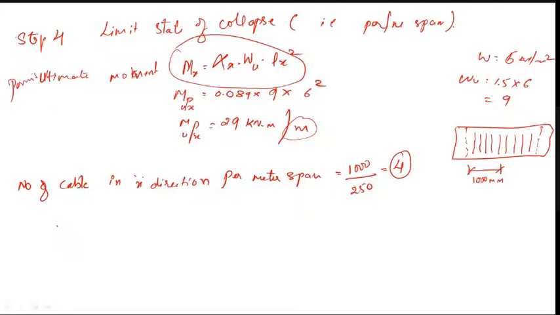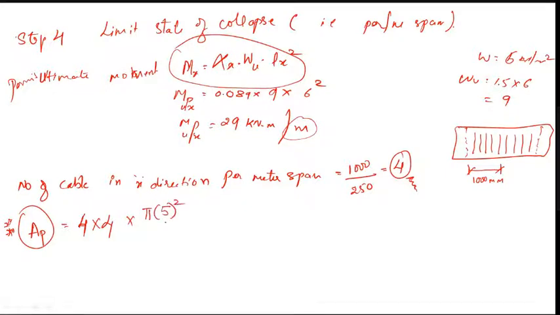Then now we have to determine Ap. This is a very important one. Some will make a mistake here. Ap is given by, see, in the question he said 4 numbers of 5 mm dia. So I am taking 4 numbers multiplied by, per meter span, how many cables do I need? I need 4. Therefore 4 into 4, multiplied by the area, that is pi d square by 4, with d as 5 mm.